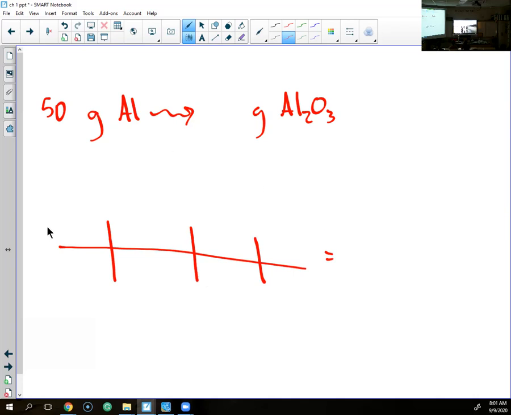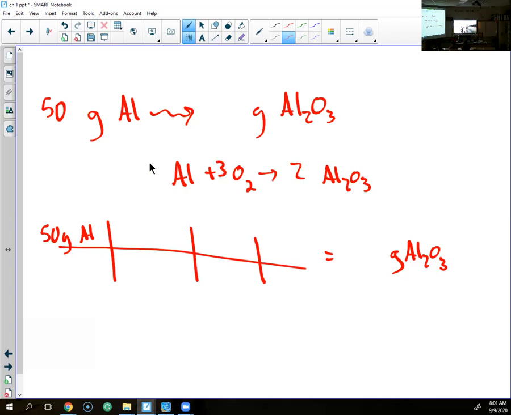But if I have 50 grams, I put what I know. I put the unit I want to solve for. And then I need an equation, a reaction. So aluminum plus oxygen goes to Al2O3. Then I'd have to balance this. And we'll teach you how to do that soon also. And then I'm off to the races.